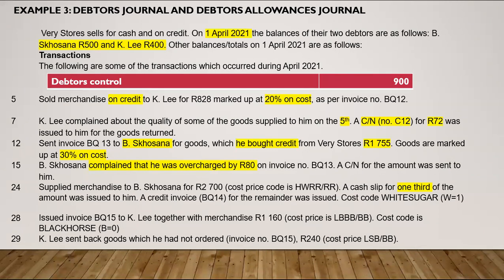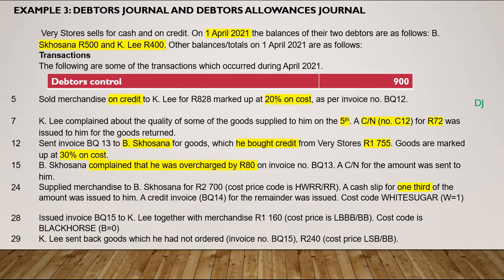When we sell goods on credit, we will record it in the debtors journal. When the debtor returns goods, it will be recorded in the debtors allowances journal. So far, we have done only 5 journals. We good?